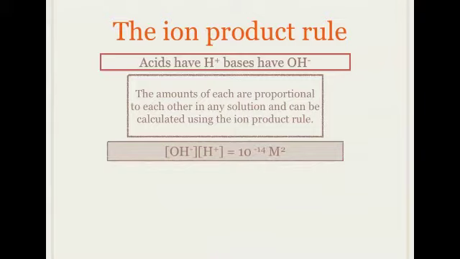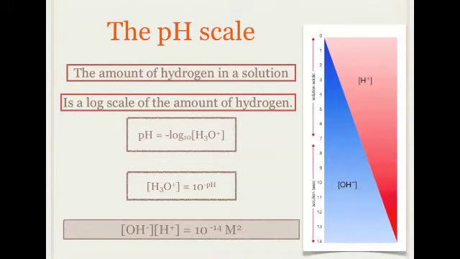What does this mean in terms of pH? I won't go into that yet, I'll just tell you what pH is. The pH scale is a measure of how much hydrogen ion is in a solution. It's a log scale of the concentration of hydrogen in a solution. pH is equal to the negative log to the base 10 of the hydronium, hydrogen or proton concentration in solution.